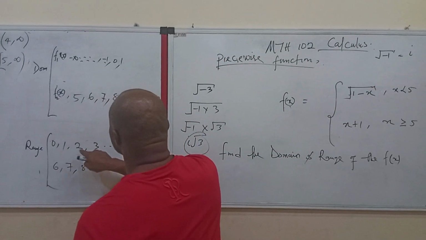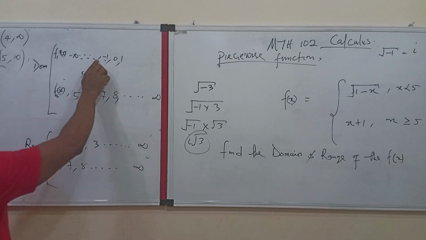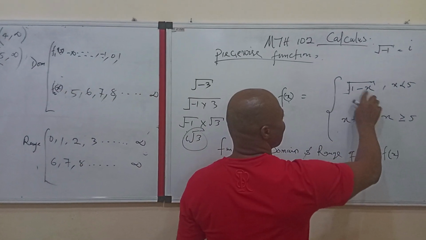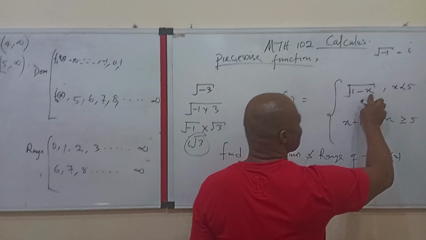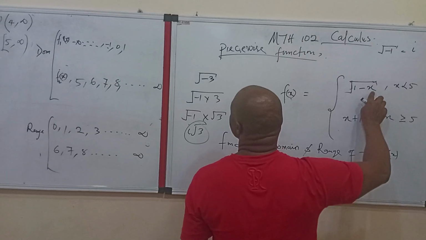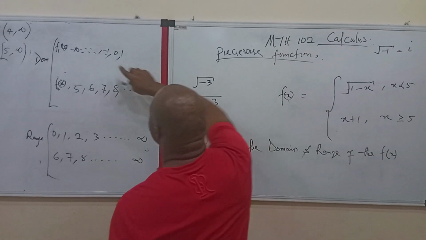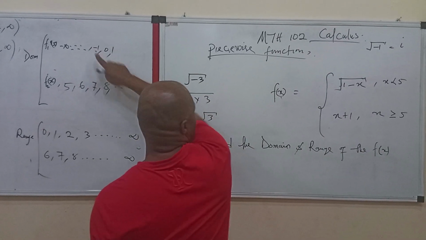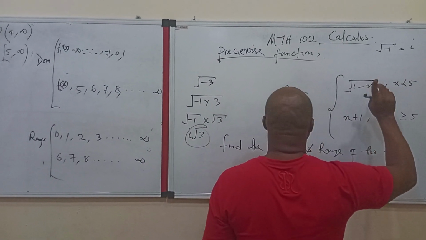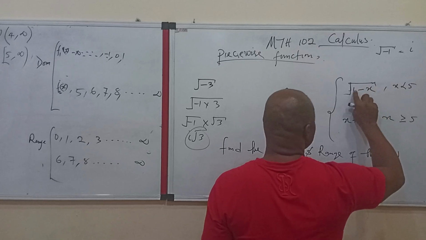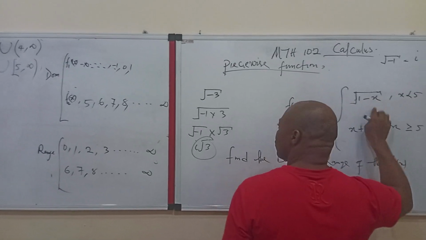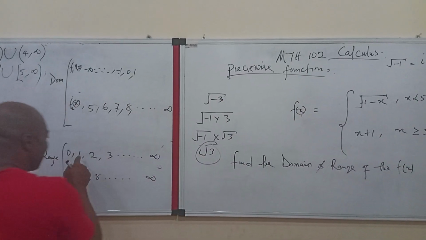Now, wetin make I write this one 2? Now, if you put minus 2, you go get minus 2 here. You go times this one. You go come make am 3. I mean, if you put minus 1, minus 1 come here. Minus times minus 1 will give you 1 plus 1. If you add them, it will give you 2. Now, square root of 2 will give you 1 point something.